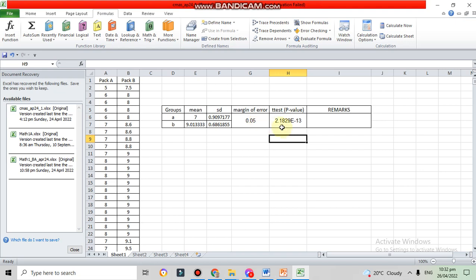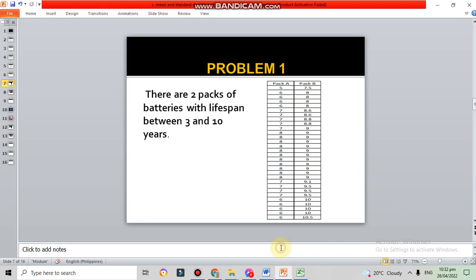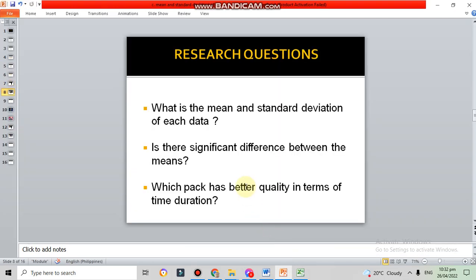Okay, so you can type here, there is significant difference. Okay, so that's why in the PowerPoint we have this result.